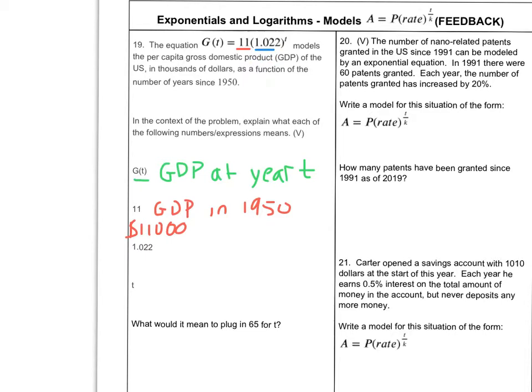1.022, that's my growth rate. And I'm going to break this down to look at this as a percent. So I know this is 1 plus 0.022. That means we're looking at 2.2% growth. T is going to be the years since 1950.